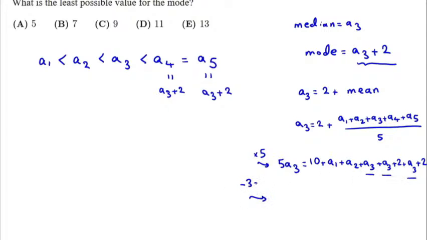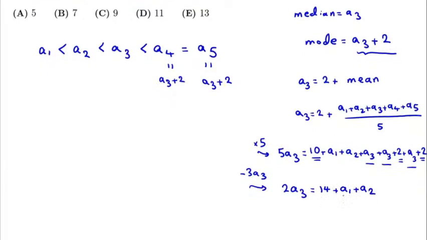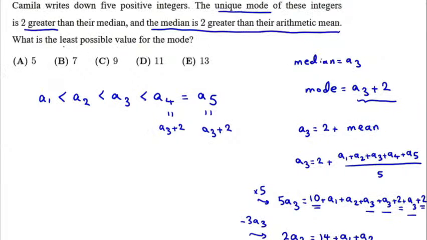We subtract 3A3 from both sides. It will be 2A3, and 10 plus 2 plus 2 will be 14, plus A1 plus A2.